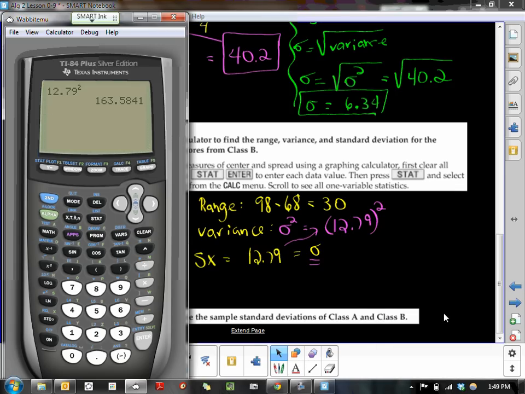So our variance we'll record is going to be 163.58, or to 1 or 2 decimal places, 163.6.